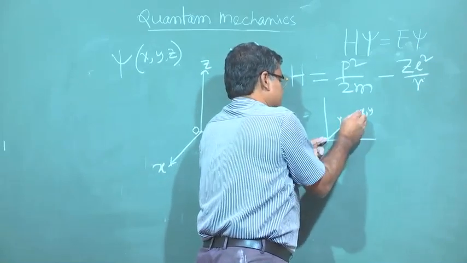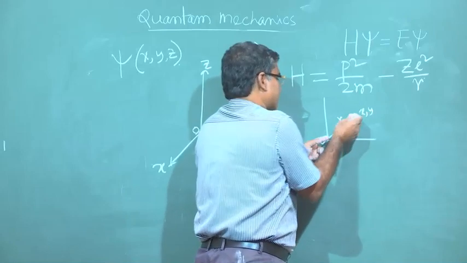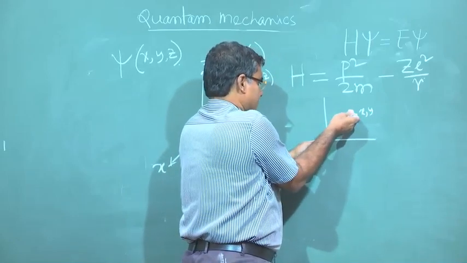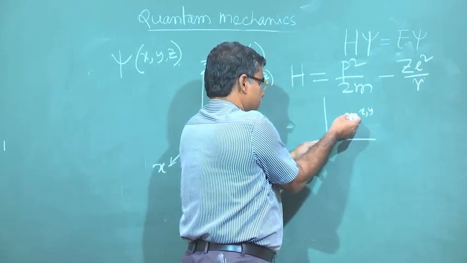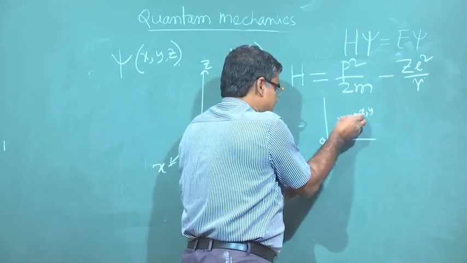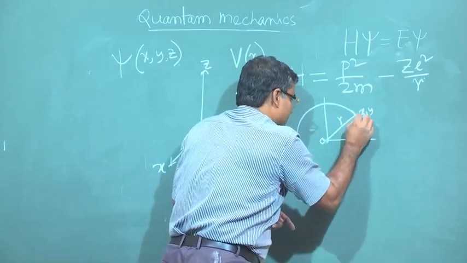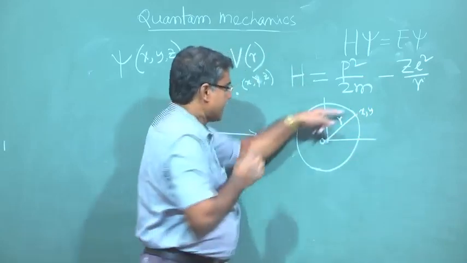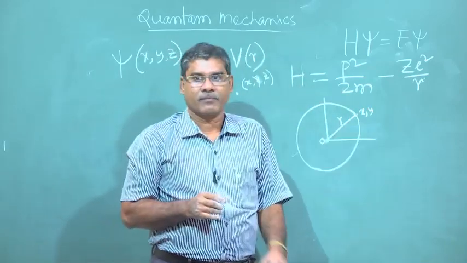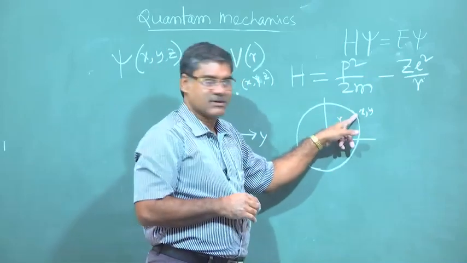If I just say the distance from the origin is r, then you cannot fix the point, because keeping the distance the same, it can be any point on this circle.